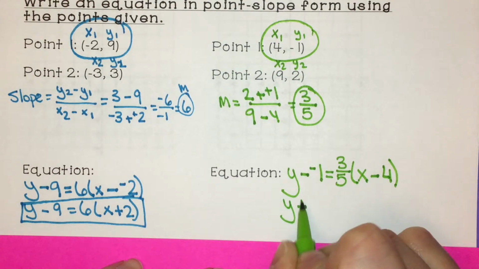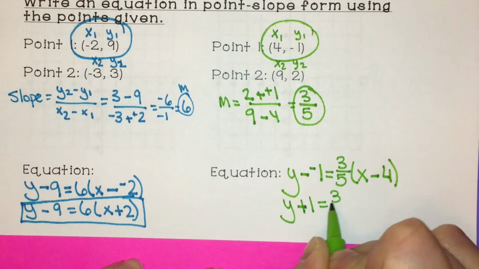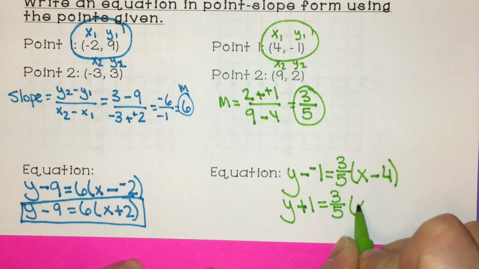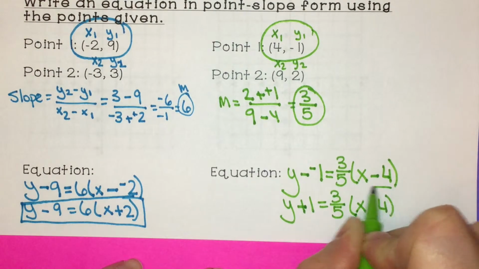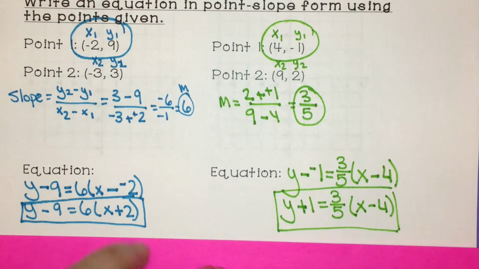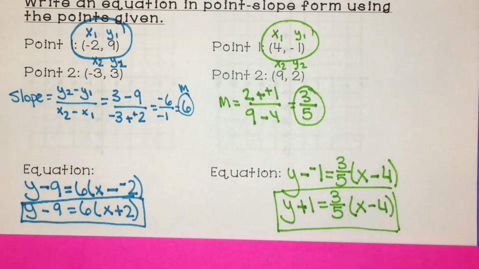So I have y plus 1 equals 3/5 times x minus 4. Okay, so those first 4 problems were fairly simple. Just plugging, the only difference, you had to find the slope. Once you know the slope and a point, just plug the numbers in. That's all you're doing.